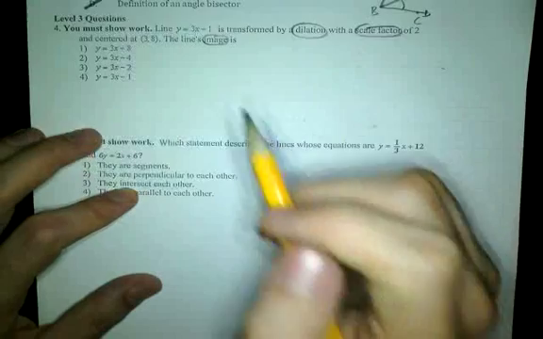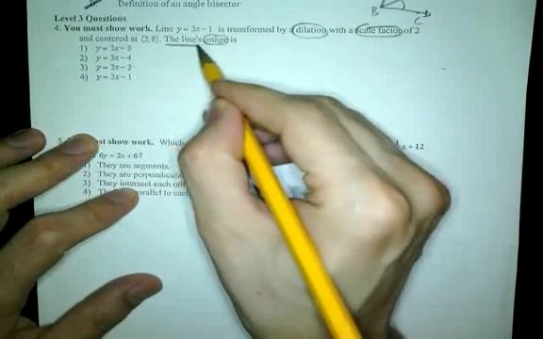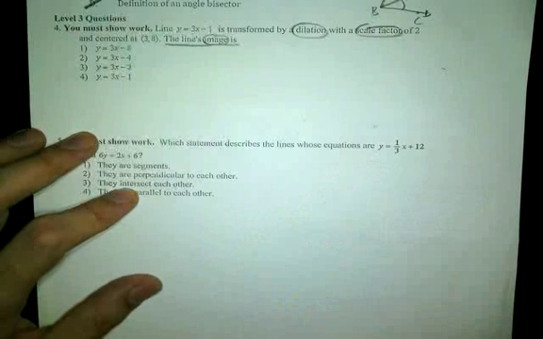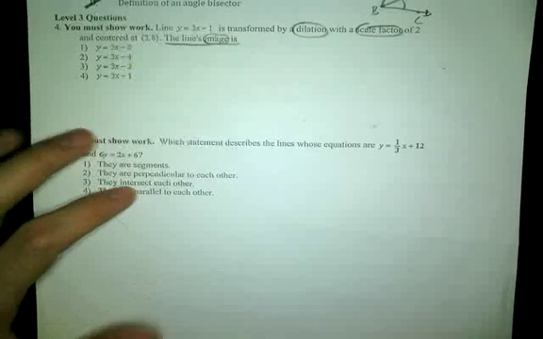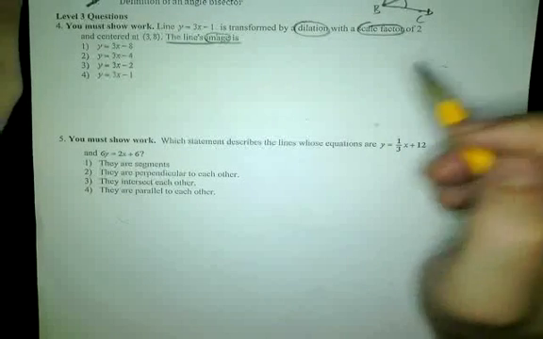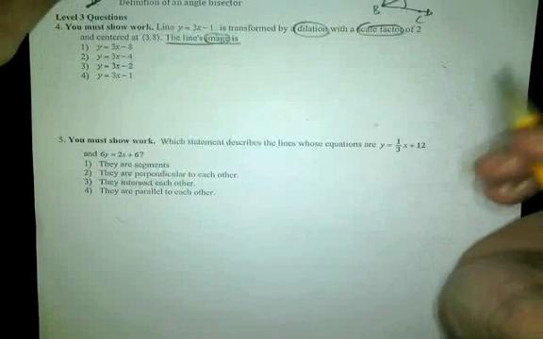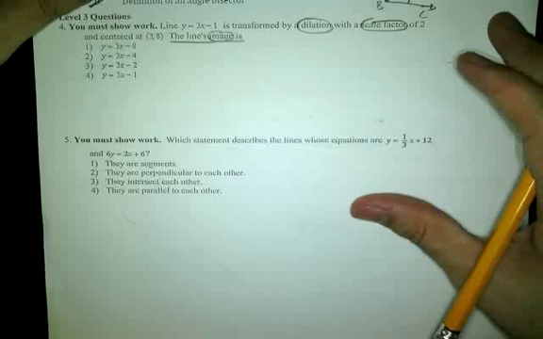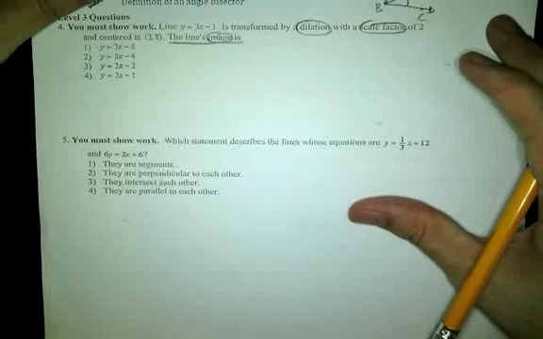Here, the directive is to figure out what the line's image is, and there is no unnecessary information to cross out or any verbs to box. So the way that I'm going to approach this problem is first by writing the rule for dilating a point.